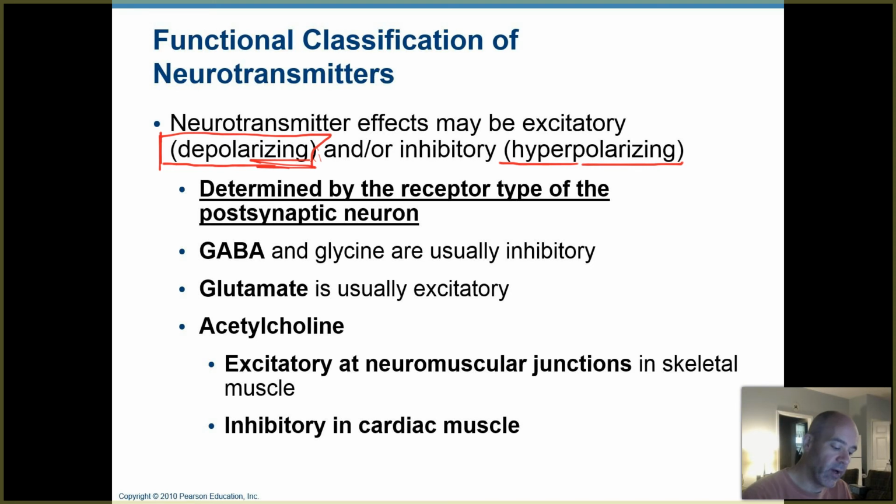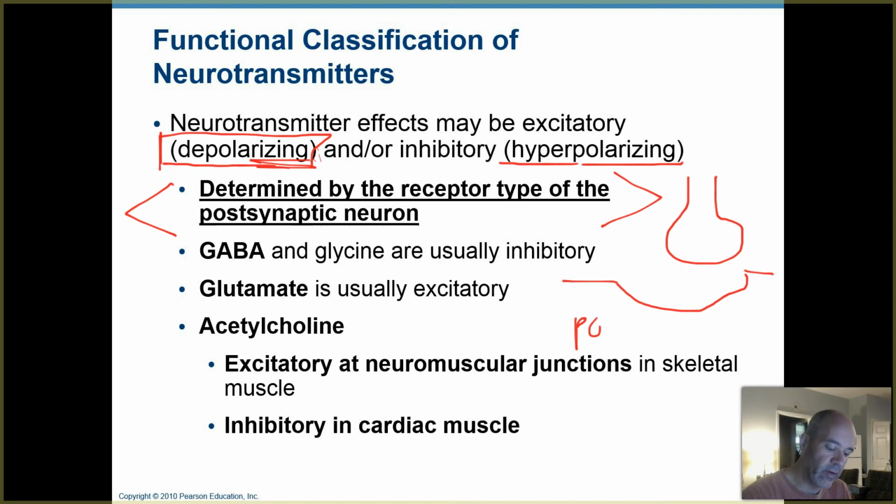Whether or not a neurotransmitter is excitatory or inhibitory is all based on the receptor. If you've got an axon terminal here, and then here's the membrane of your postsynaptic neuron, this is our presynaptic over here. It's all about these receptors you've got over here for the neurotransmitter that are sitting on the postsynaptic neuron.